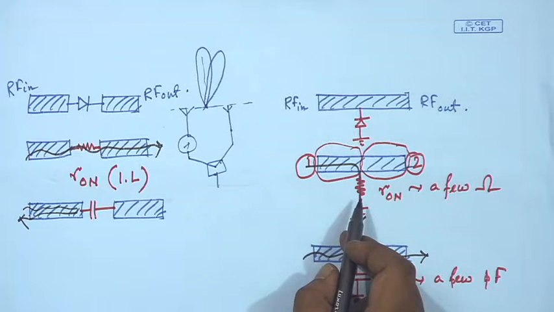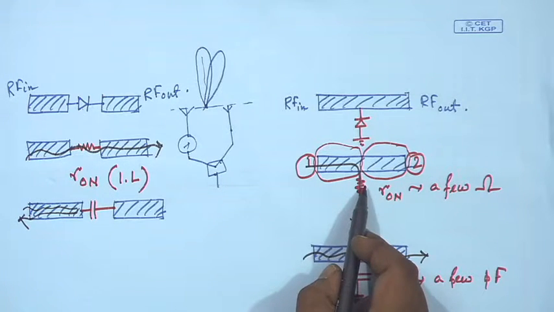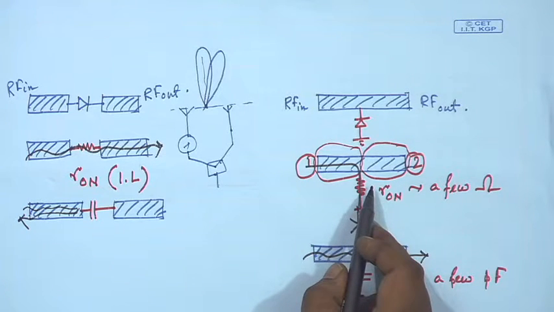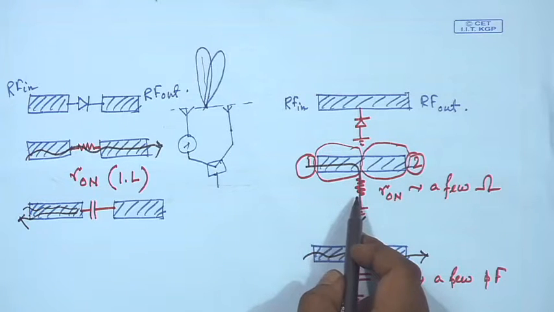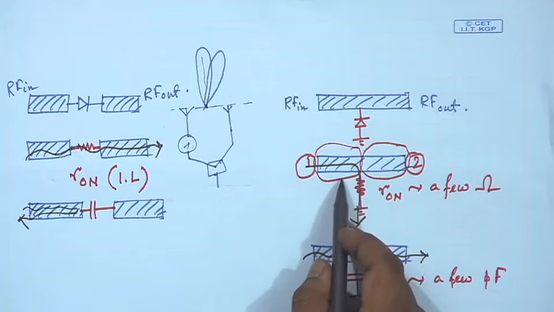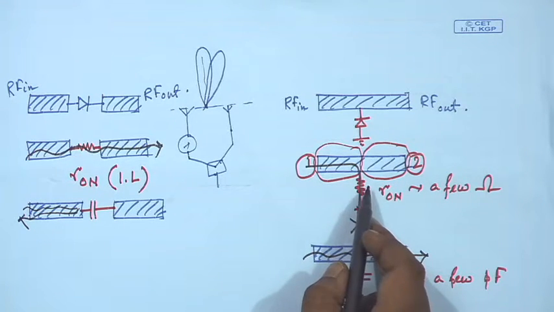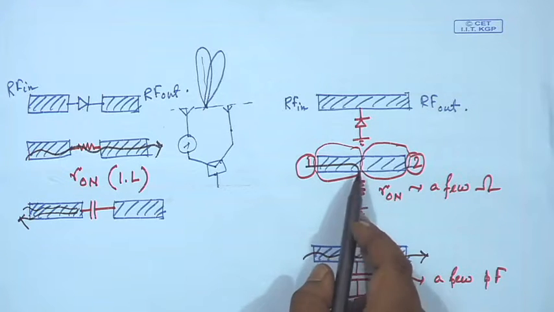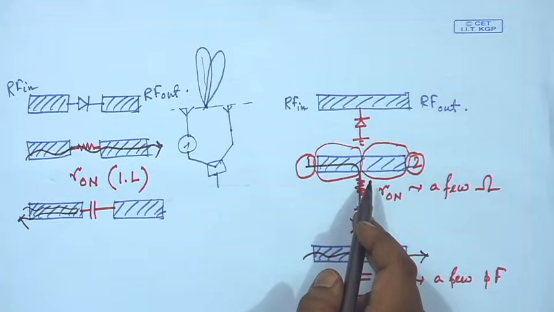Obviously, when we implement any switch, there won't be only one single PIN diode or Schottky diode. In addition to this, we should have DC blocking and RF blocking arrangement, and for that we have some additional capacitors and inductors, but at RF frequencies those inductors will be represented by open circuit and capacitors by short circuits.